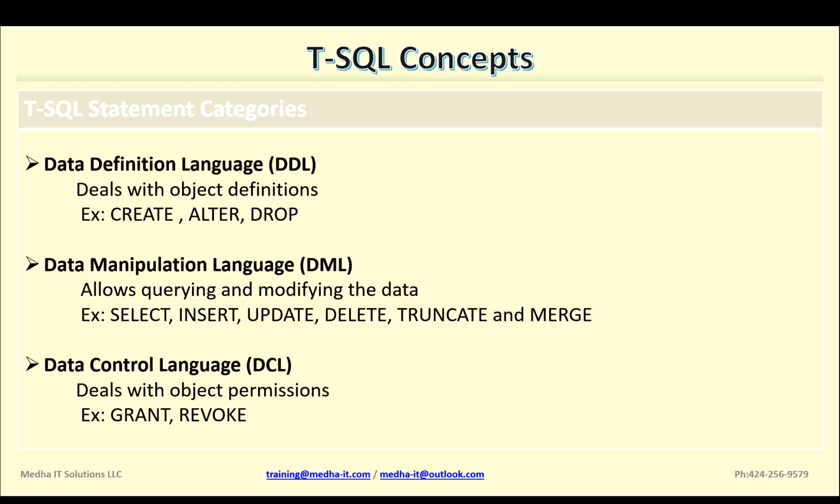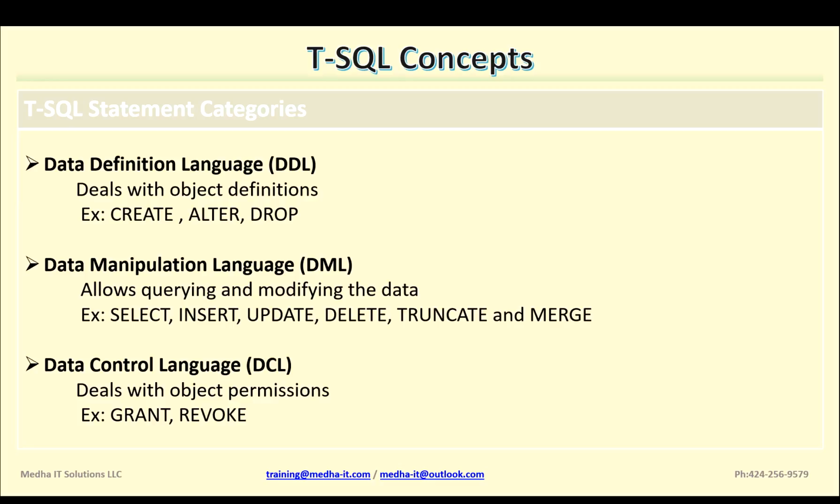To create an object, we use the create statement. Similarly, if you want to change its definition, we use alter, and if you want to drop an object from the system, we use drop. So basically DDL is used to define the objects in the system.